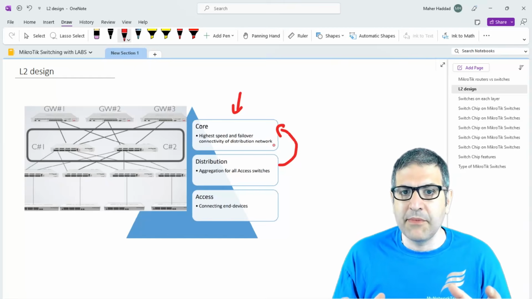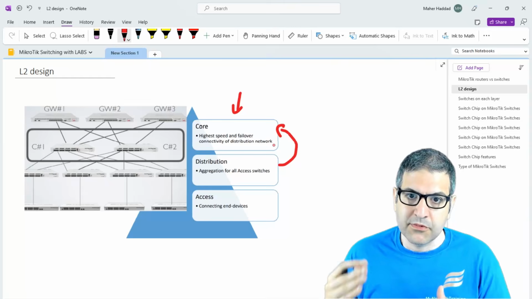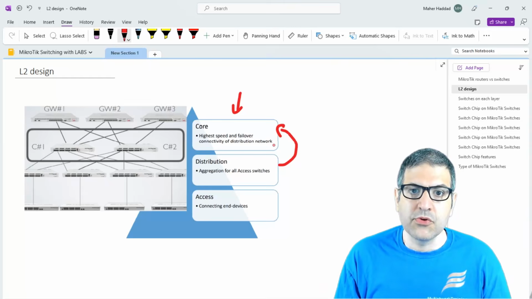But I'm talking here about the theory where we think that you have a big company, and in this case you better do the design on 3 layers, and on every layer you select one type of switch, which should be based on what this layer is doing.